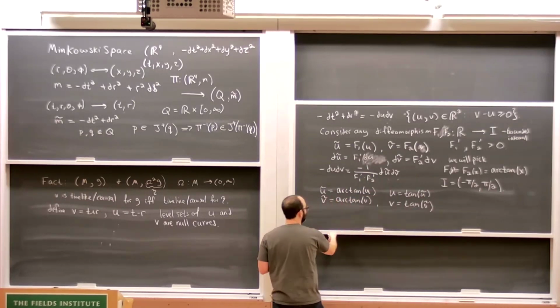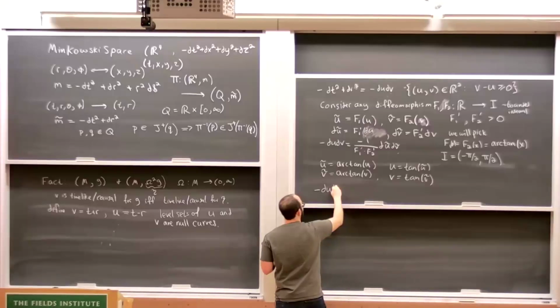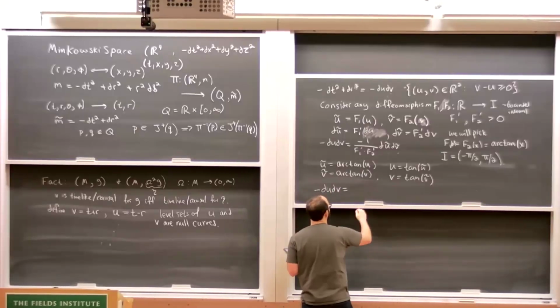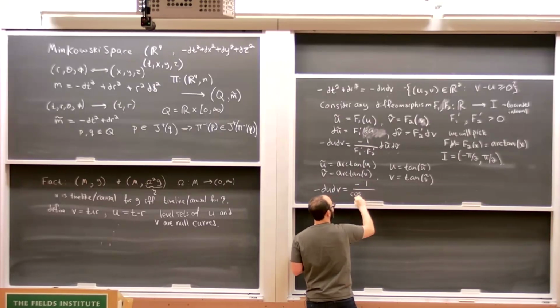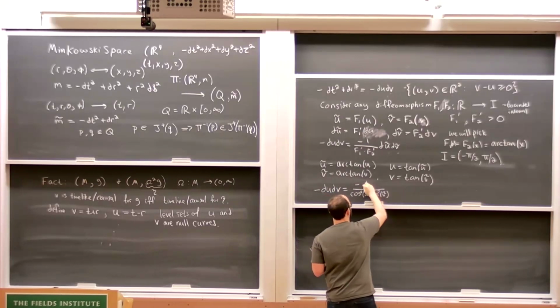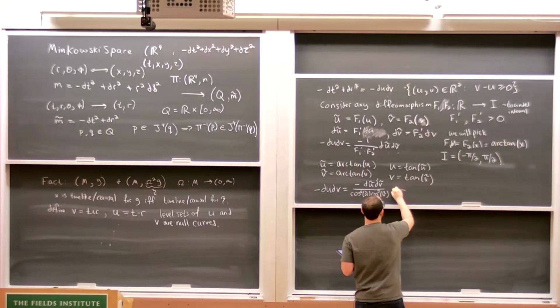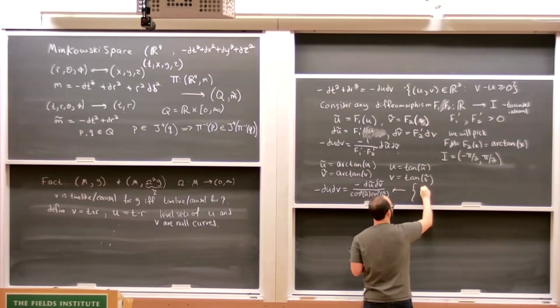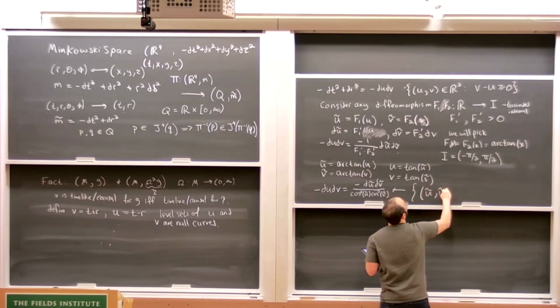And so what we end up with is that minus du dv equals minus 1 over cosine squared of u tilde, cosine squared of v tilde times this. All right, and the manifold that this metric lives on now corresponds to, well, so now we have u tilde and v tilde.